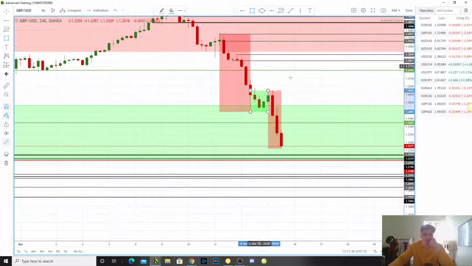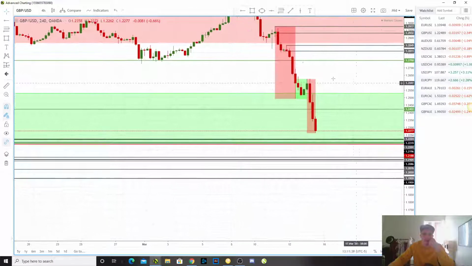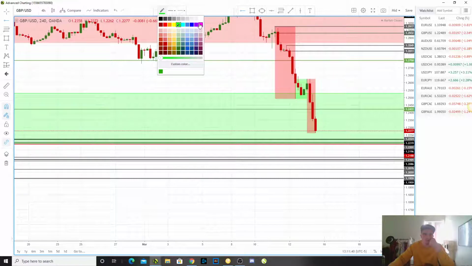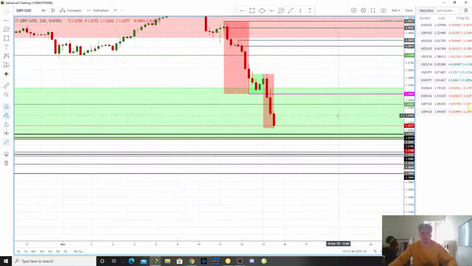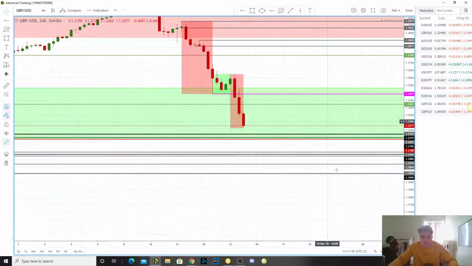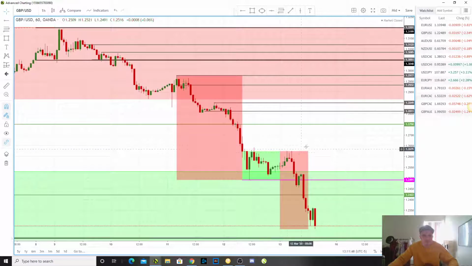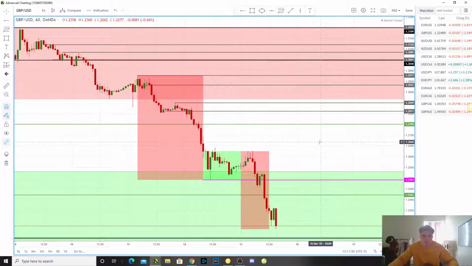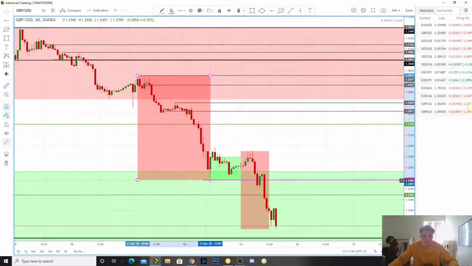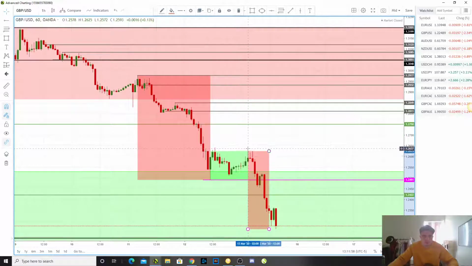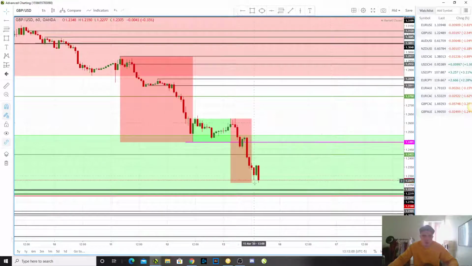There we go. Got a nice little downtrend here. Breakout level. All right, so seeing as we're that close, this would be our coulda, shoulda, woulda level right here.